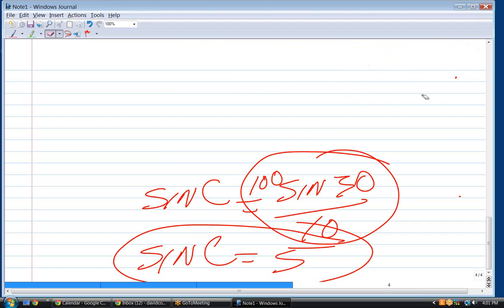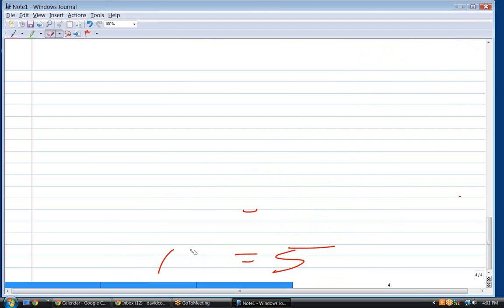All right. Those are the only difficult situations for the law of sines, when you have the ambiguous case and when you have a triangle that can't be. That's it. Everything else is relatively easy when you're dealing with the law of sines.